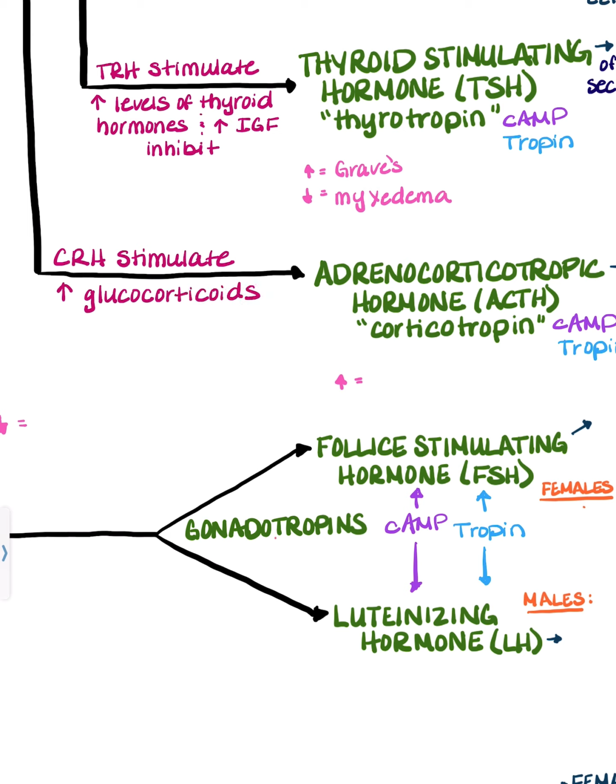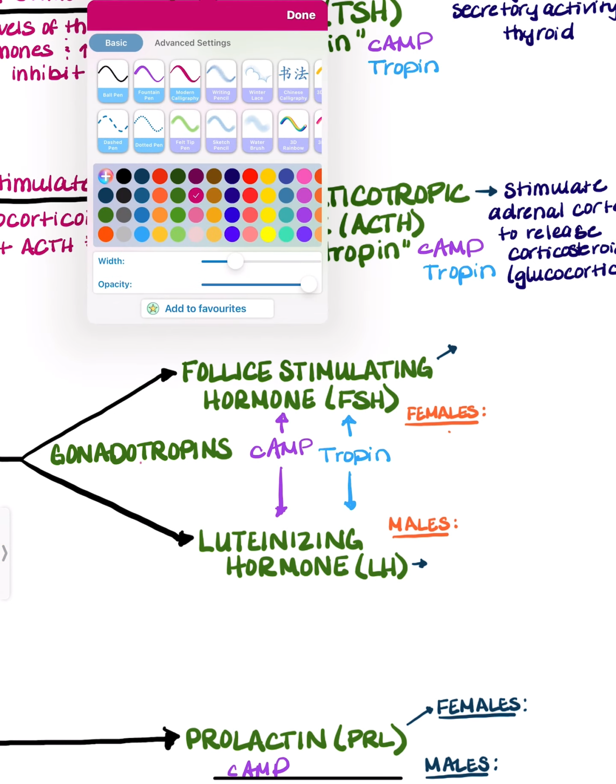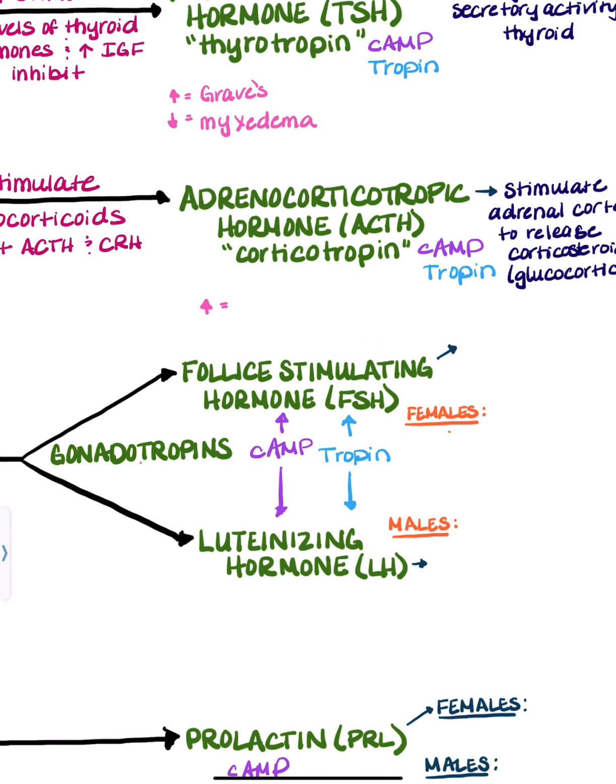If we increase our levels too high, they can go back and inhibit the adrenocorticotropic hormone and CRH, or the corticotropin releasing hormone. The only one you have to worry about here is what happens if we have hypersecretion of ACTH, and we could get something called Cushing's disease. We'll talk about this later.